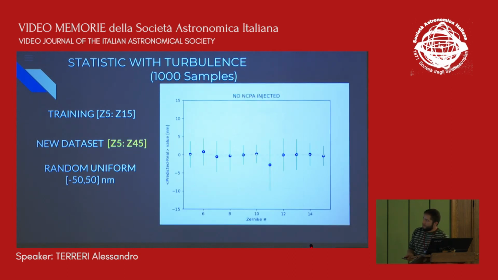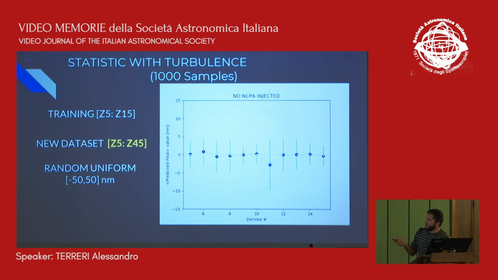But this is not sufficient, because what happens if we inject into the neural network model which we have trained something that it is not able to understand? So we created a new dataset with a wide range of Zernike, obviously random uniform even in this case.